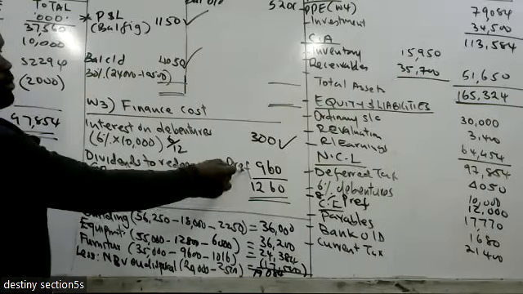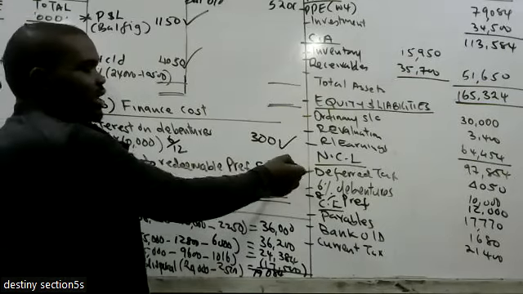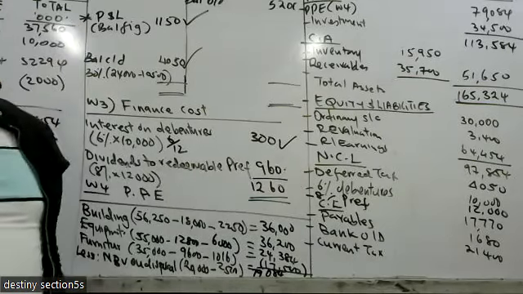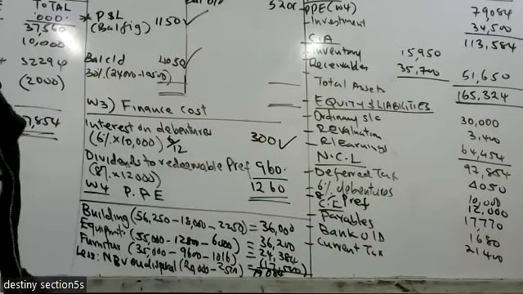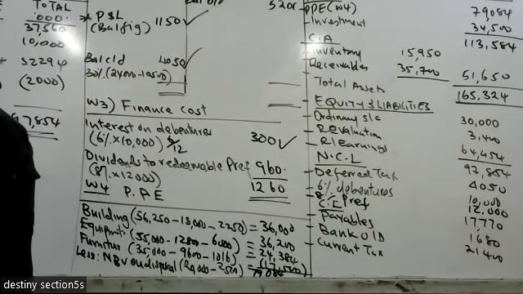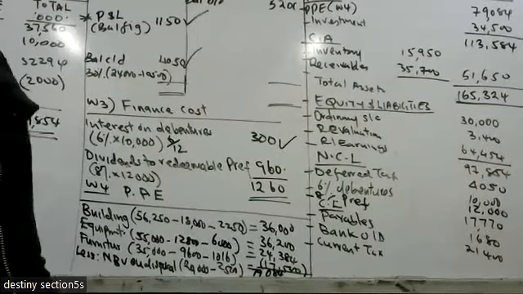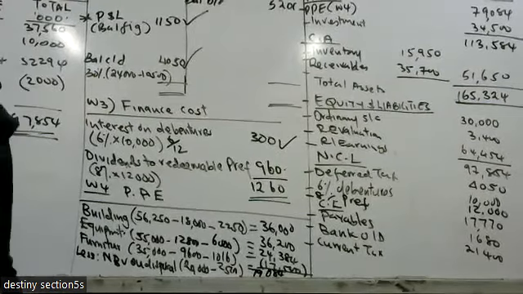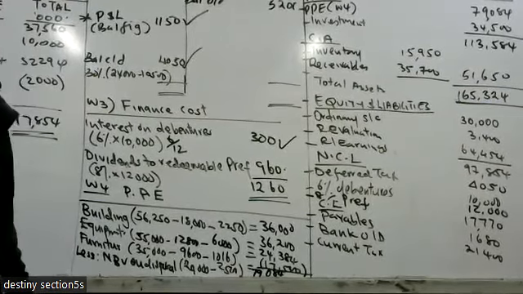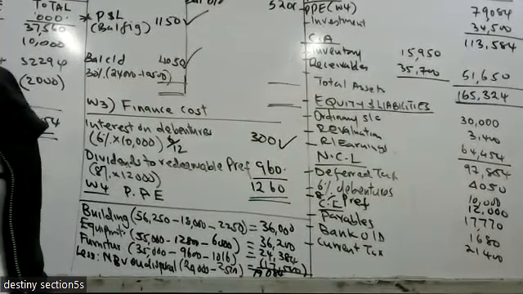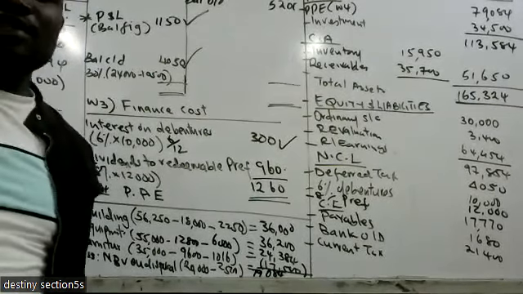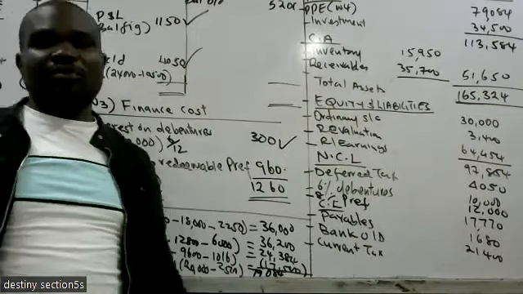But dividends to redeemable preference, the total was 960. If you check the trial balance, how much was paid out of 960? How much are you seeing in the trial balance for preference dividends? There was interim dividends paid on preference.